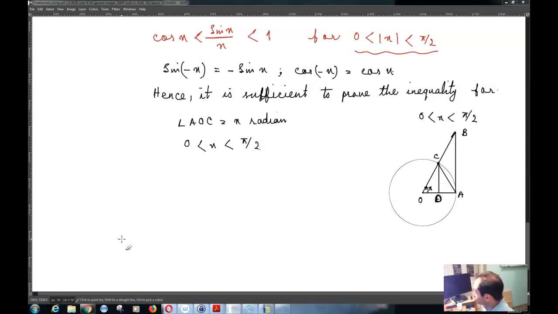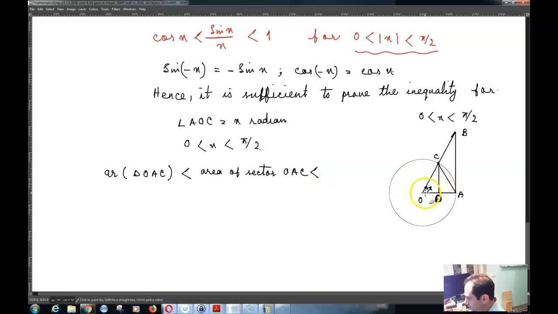The area of triangle OAC is less than the area of the sector OAC, which is OA and coming along this curved line to C. So the area of the triangle is of course less than the area of the sector, and that is less than the area of triangle OAB.